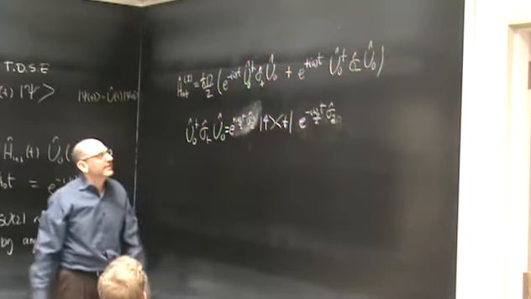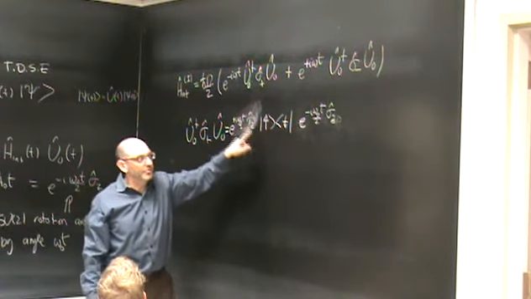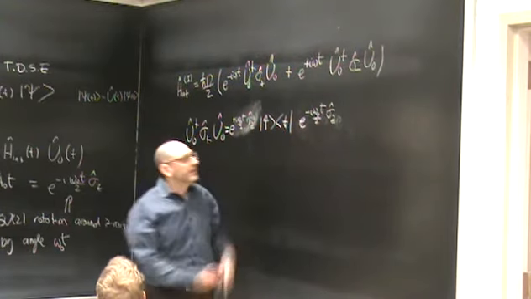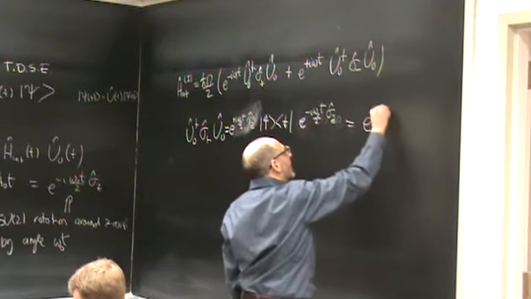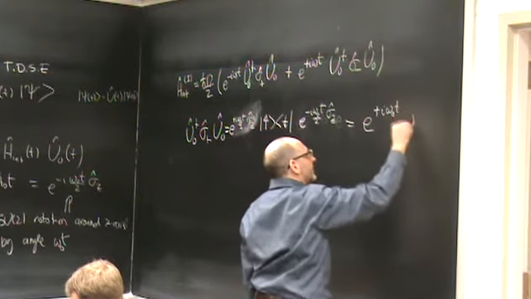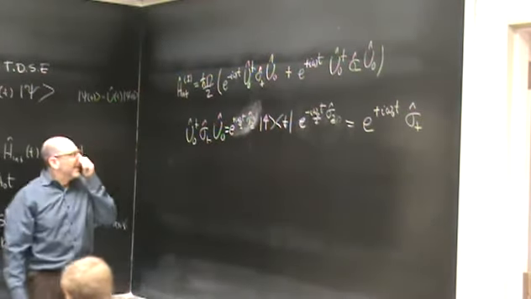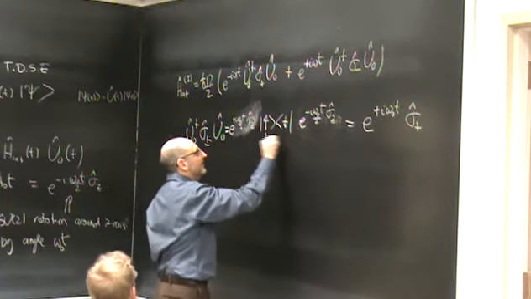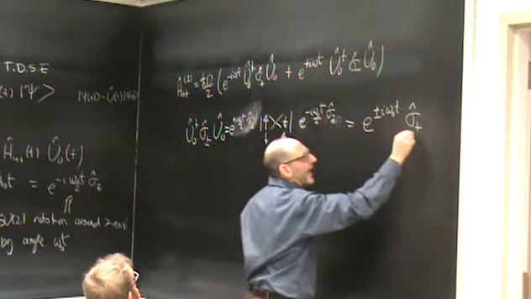And of course, this is an eigenstate of sigma z with eigenvalue plus 1. This is an eigenstate of sigma z with eigenvalue minus 1. So this becomes e to the plus i omega naught t sigma plus. And then similarly, this will be that.